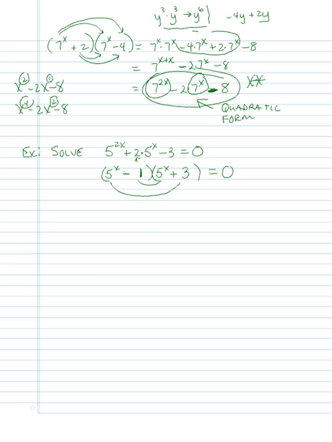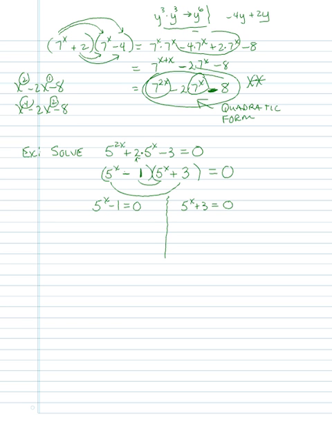Now, when we have a product of factors equal to 0, then we set each factor separately to 0, don't we? So we would have 5 to the x power minus 1 equals 0, and 5 to the x power plus 3 equals 0. So we have 2 equations to solve. Each are exponential equations, but relatively simple exponential equations.